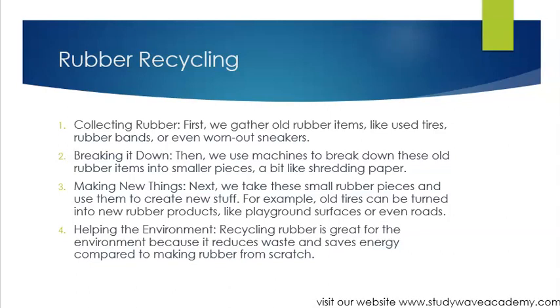Rubber can be recycled through various methods, like using a machine to break them into smaller pieces, like shredding paper. Recycled rubber can be used for manufacturing new products, right? We said all that. So now we know everything about rubber, right?